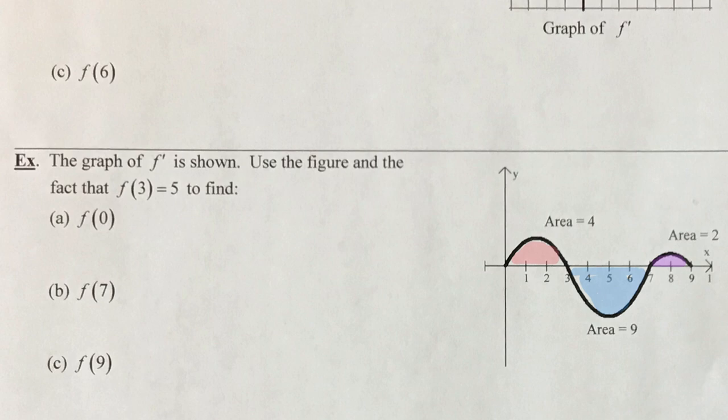Okay? So the area under the curve, when we're finding our integrals, we're going to be using the numbers 4, 9, and 2 to figure out what these other values are. So we're going to find f of 0, f of 7, and f of 9 doing the exact same thing we did up there. Only now we don't have to calculate, we just have to use the information given.